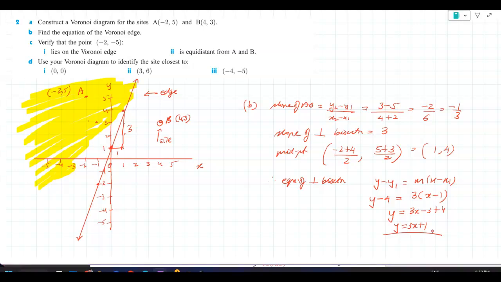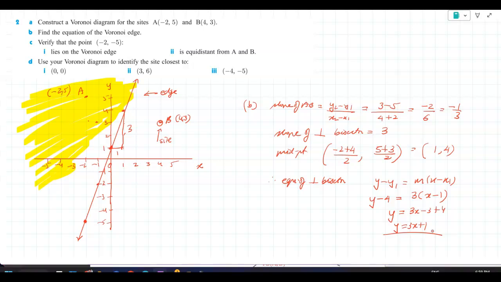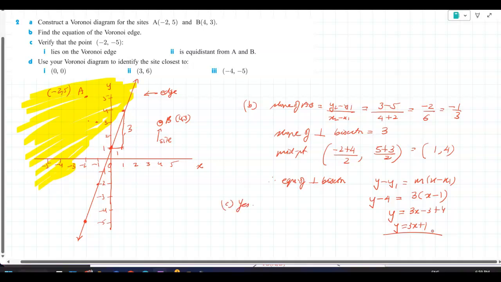Okay. Verify that the point minus 2, minus 5 lies on the Voronoi edge. Now where's your minus 2, minus 5? It is here. Does it lie on the edge? Yes. If you want to verify it, you can substitute: minus 5 is equal to 3 into minus 2 plus 1.